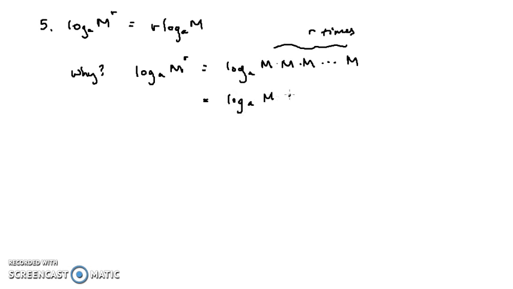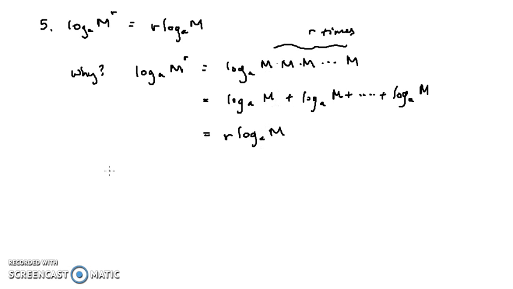So we have log base a of m plus log base a of m plus log base a of m, r times. Okay, so now what do we have? We've got r of these things. That's just basic addition rules. We've got r log base a of m. Okay, so this one comes from a combination of the definition of an exponent and multiplication combined with the product to sum rule that we saw before.